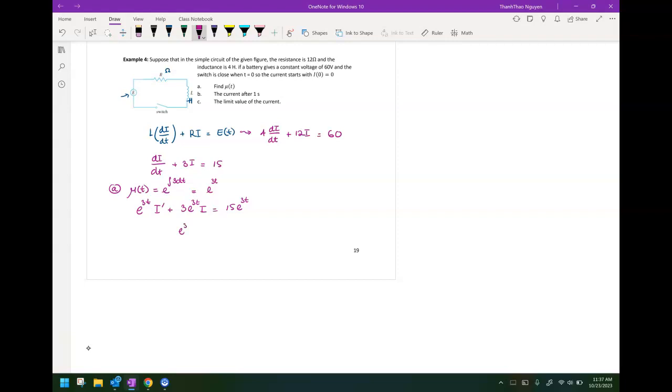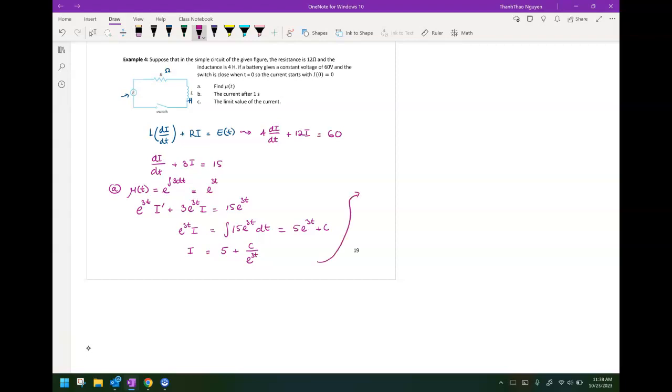So e to the 3t times I is equal to the integral of 15 e to the 3t dt. That equals 5 e to the 3t plus c. So I is equal to 5 plus c divided by e to the 3t.